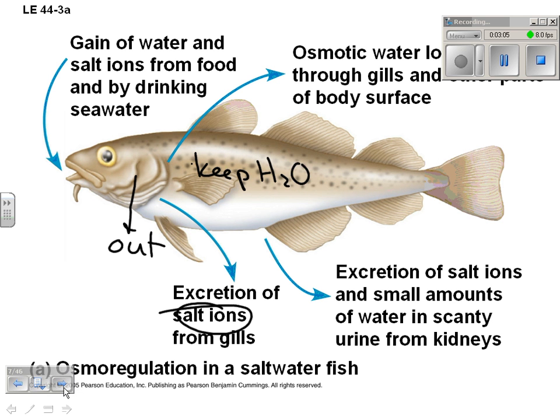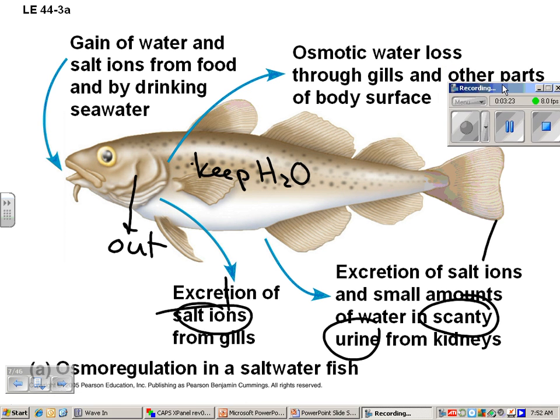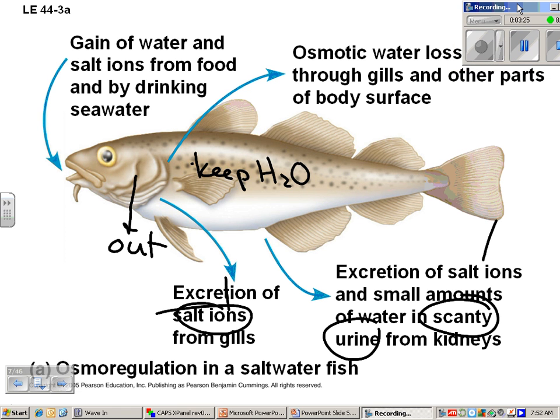They live in an environment that will dehydrate them. So they produce very little urine, scanty urine. They excrete salt ions here, and here. They have quite a bit of water loss through their body surface, so they don't have to urinate very much.